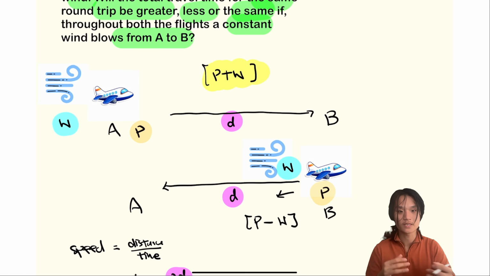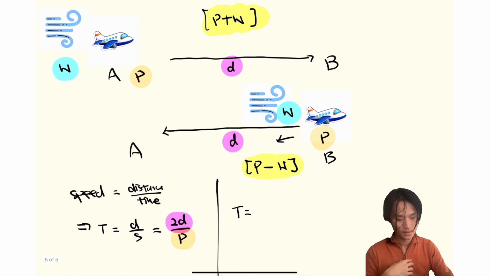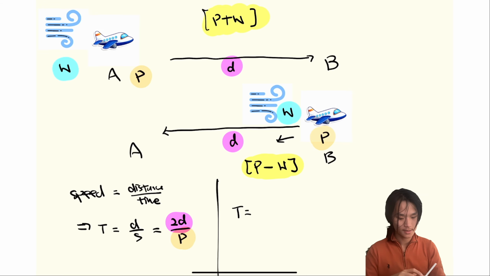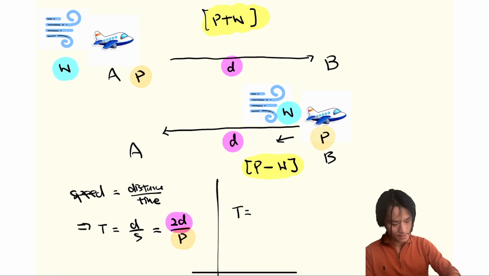So we want to find the travel time again this time. And we really use the same principle. It's distance over speed, except we think of the whole journey as two separate trips. So let's consider the first part of the trip going from A to B. The distance is simply D, and what is the speed?